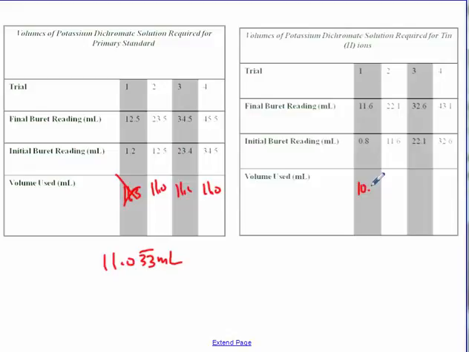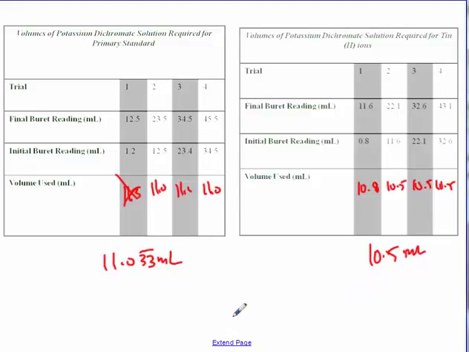Oh my gosh, I can't do math. No, 10.8. What's that going to be? 10.5. 10.5, I think. Hopefully I didn't screw that up. All right, so I think that one averages to 10.5 milliliters. I think so. Embarrassing if it's not.